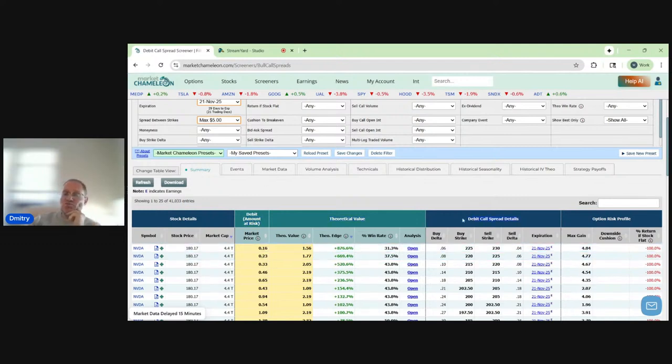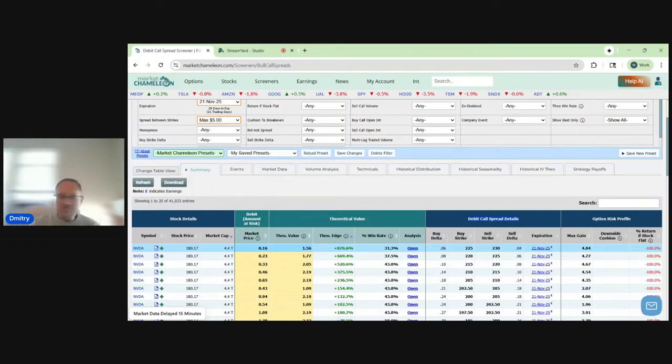This identifies the spread, because in this case, it's a bullish call spread. You're buying a call on one strike, selling a call on a higher strike, in the same expiration month.